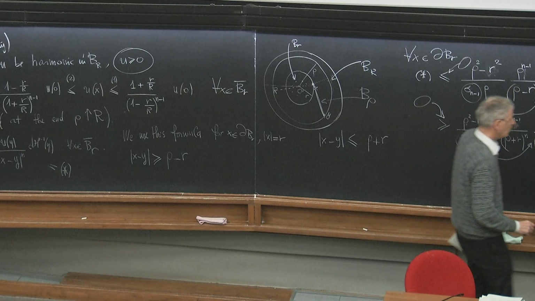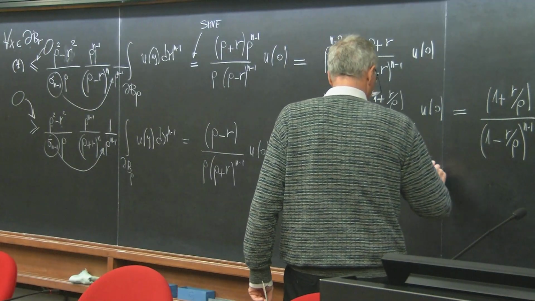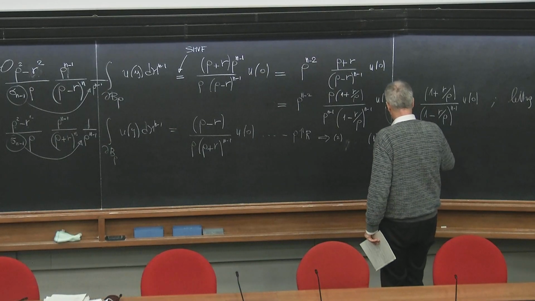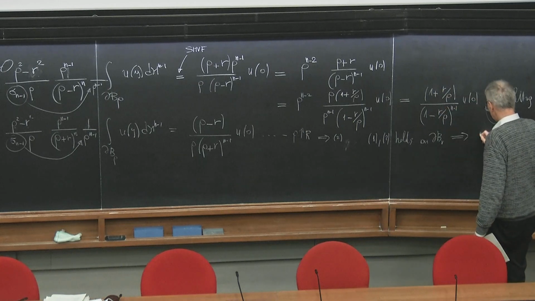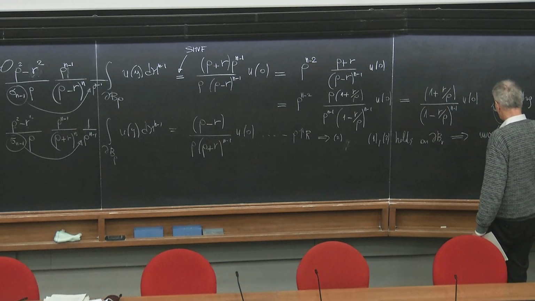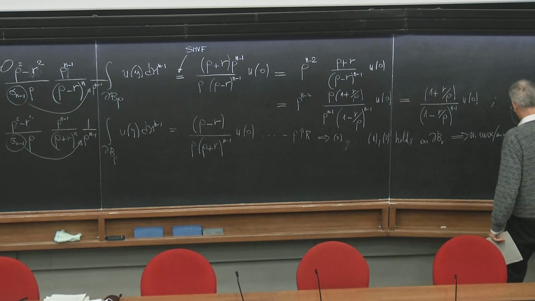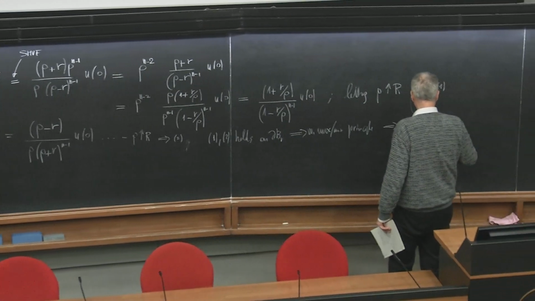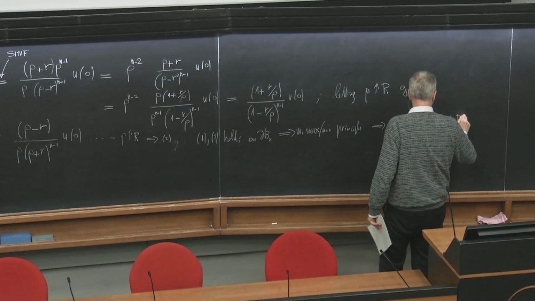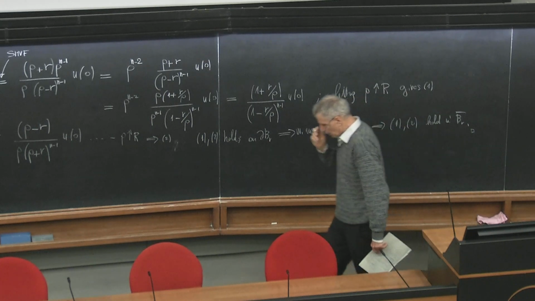So inequalities 1 and 2 hold on the boundary. Then the weak maximum and minimum principle for harmonic functions implies that 1 and 2 hold in B_R. Okay. I think also yesterday we said this.